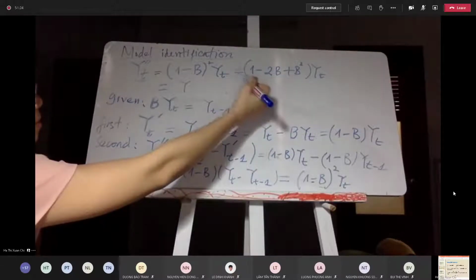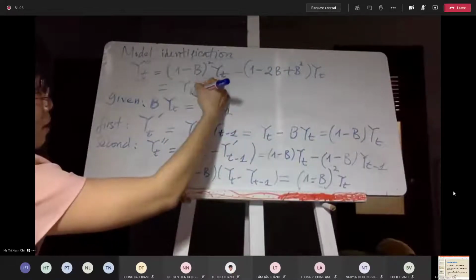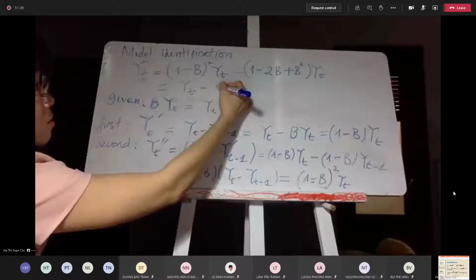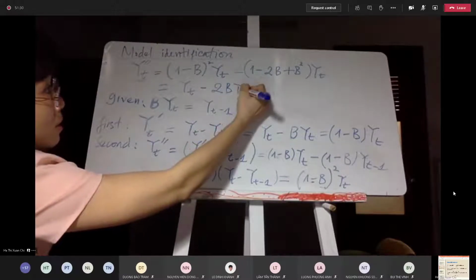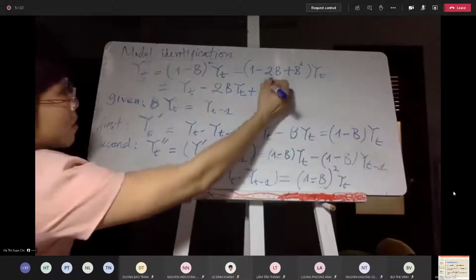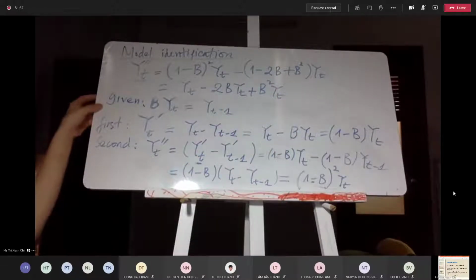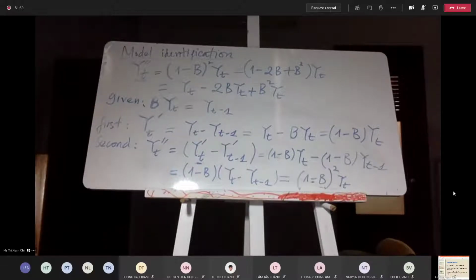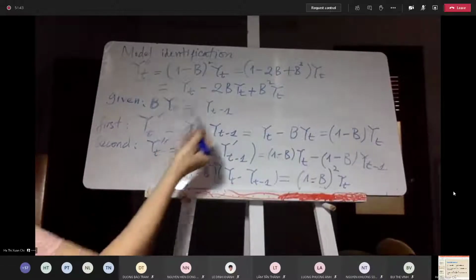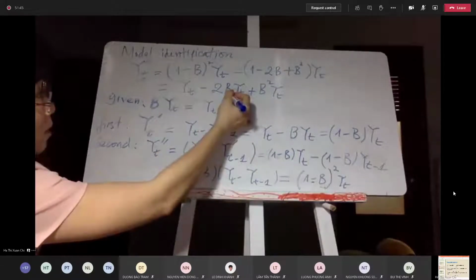So here in the second, we can write that B is equal to 1.